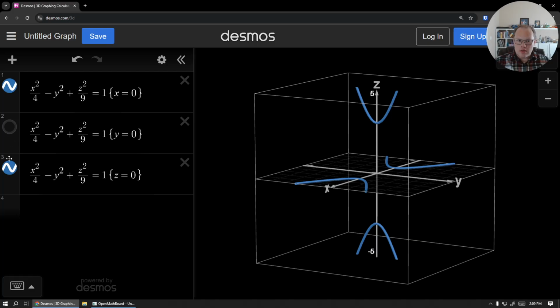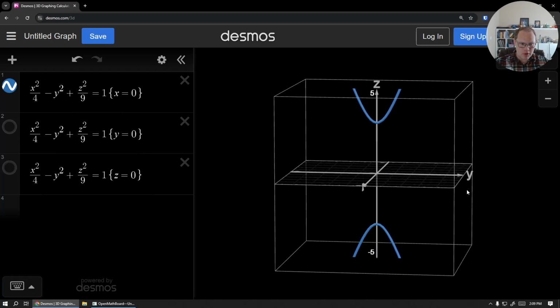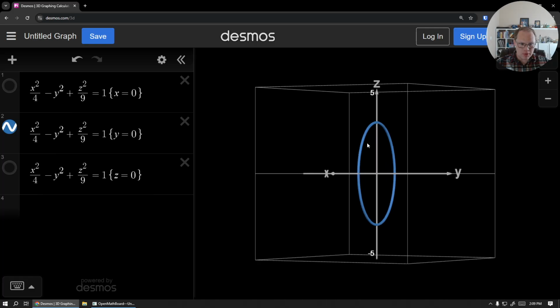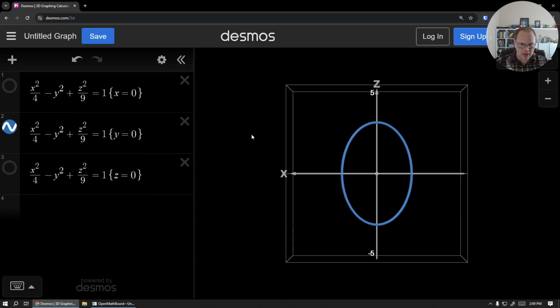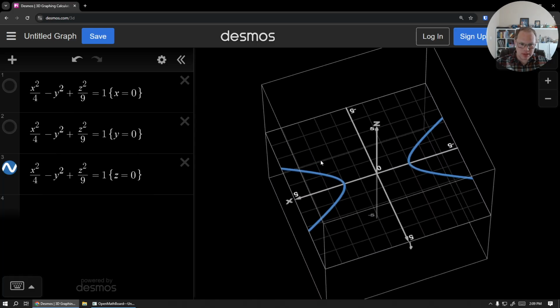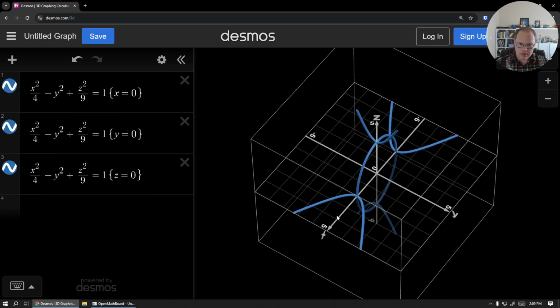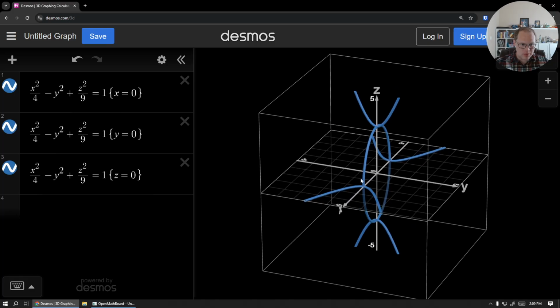So there's the hyperbola in the YZ plane with x equal to 0. Here's the ellipse in the XZ plane with y equal to 0. And in the XY plane with z equal to 0, we get the other hyperbola. So if we put them all together, that's what we get.